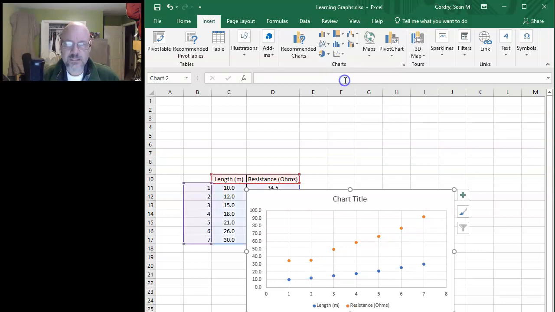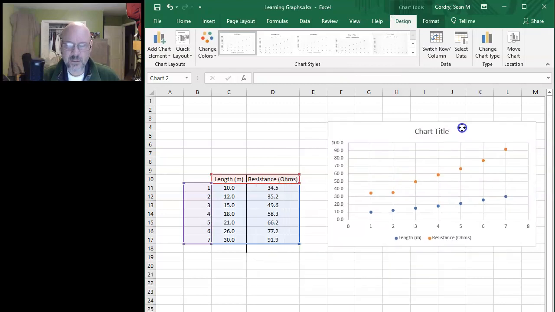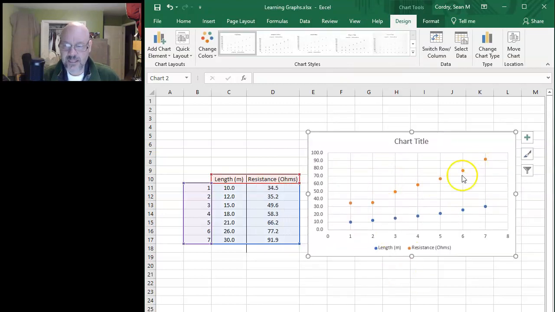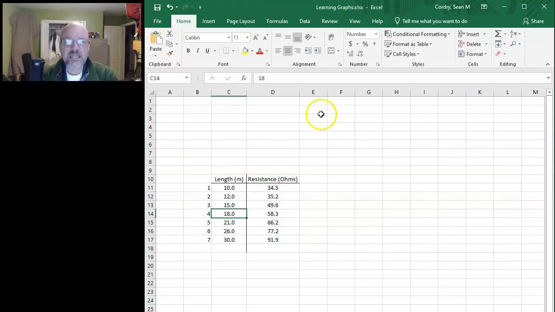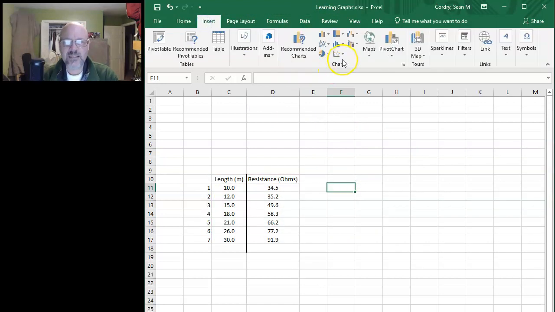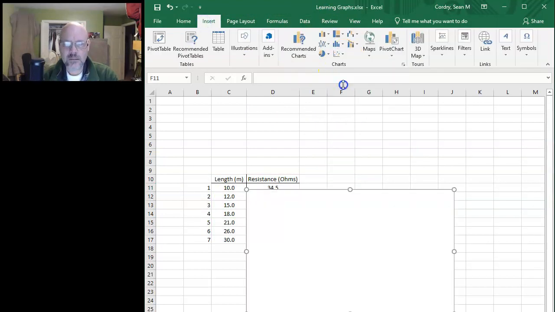Now it defaulted and gave us this really weird thing here, and we don't want that at all. In fact, that worries me just a little bit, so I'm going to delete that and try it one more time. Let's come over here just in case I did something weird. Boom.